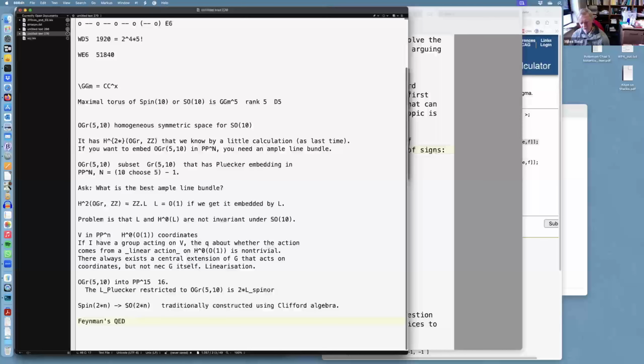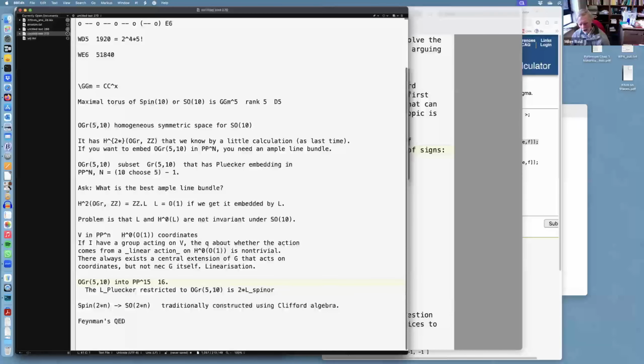The electron moving through space is carrying on its back a two-dimensional complex space, which is a representation not of SO3, but of the double covering group. This is completely standard physics and completely standard mathematics as well.